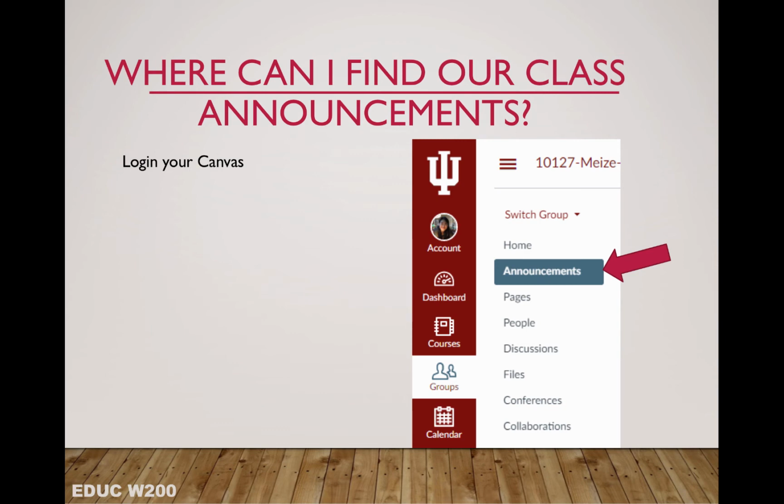You can get a text notification, you can get email notification, whatever you want. Just make sure you're getting notified or you're checking often, like multiple times a week, the announcements here in Canvas. This is your source for everything that you'll need for this class. So be checking it, and let me know if you're having any trouble setting up your notifications or anything like that.